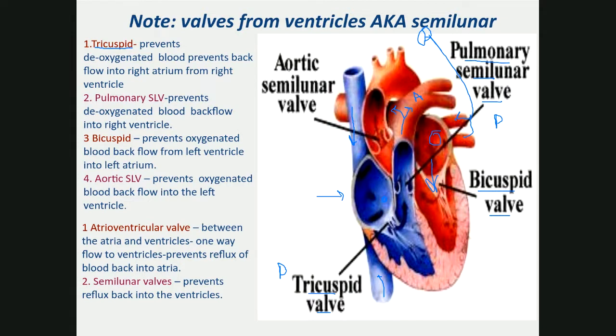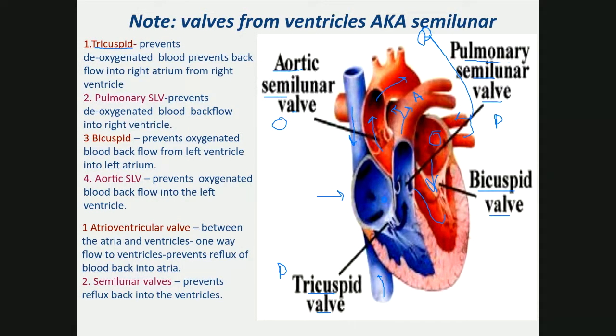It separates the left atrium from the left ventricle, and it's preventing backflow into that left atrium. Then this blood is going to be pushed through the aortic semilunar valve into the ascending aorta, arch of the aorta, and then systemically. So what kind of blood is in the aortic semilunar valve? That's going to be oxygenated, correct?